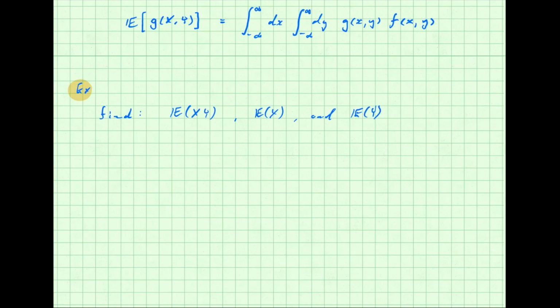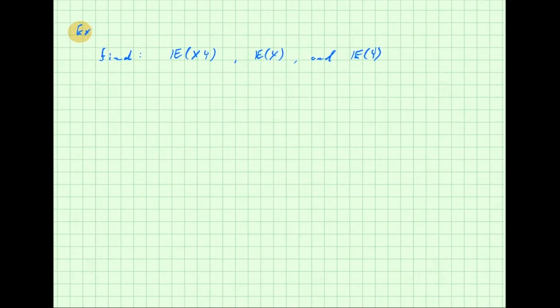You do that by integrating the joint probability density function, and you call those that have a single variable argument the marginal distributions, but they really are just like they were before.